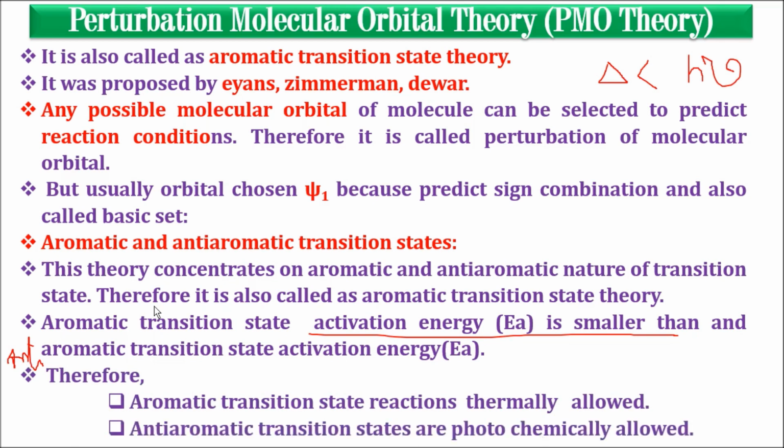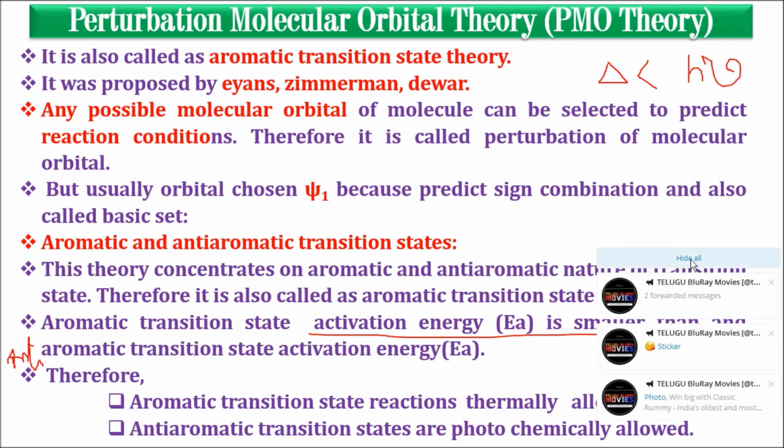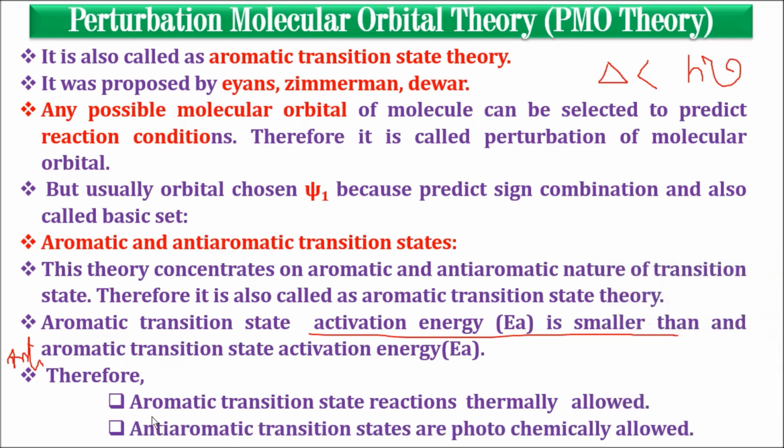Why? An aromatic transition state requires less activation energy, whereas an anti-aromatic requires more activation energy. That's why aromatic transition state reactions are thermally allowed, and anti-aromatic transition state reactions are photochemically allowed. So this is the basic concept.